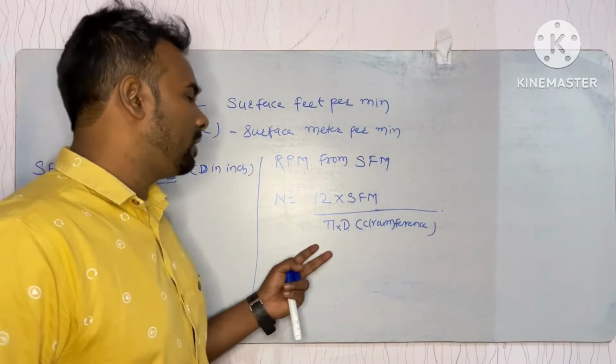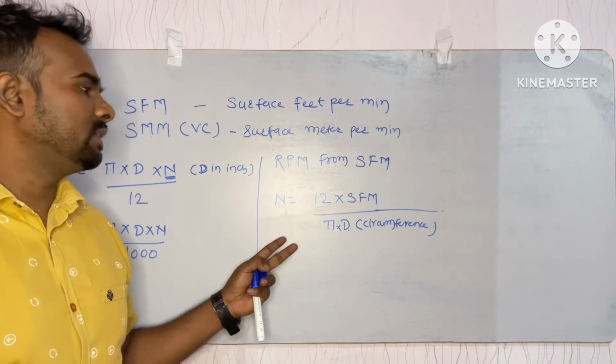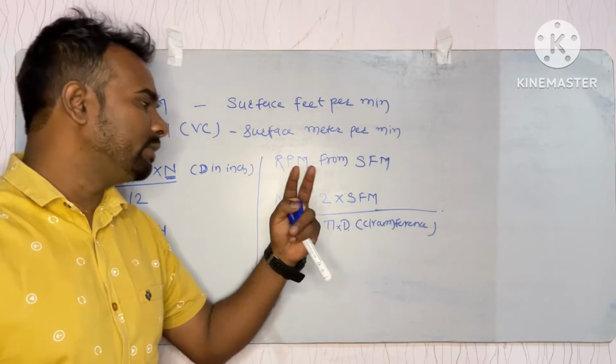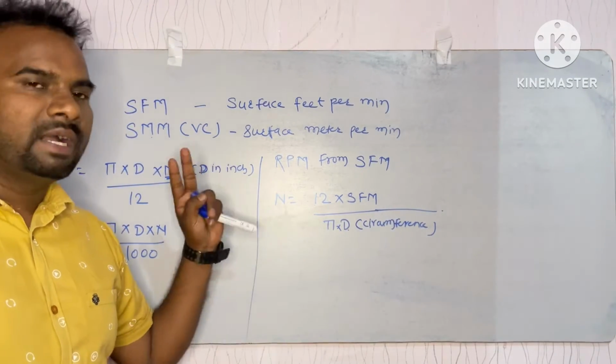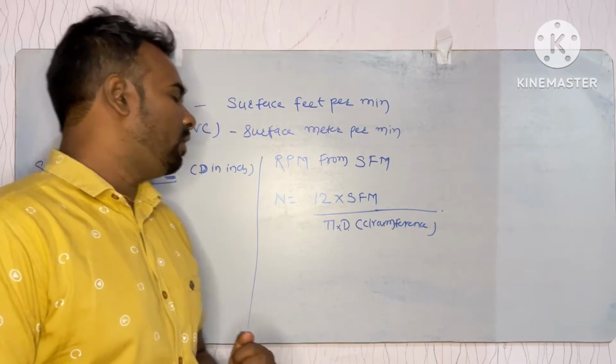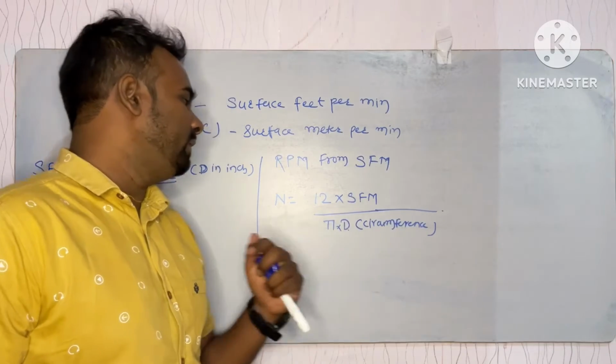In some videos or posts you can see N is equal to 12 into SFM divided by the circumference. The circumference is nothing but pi into D, and we all know the formula for circumference.